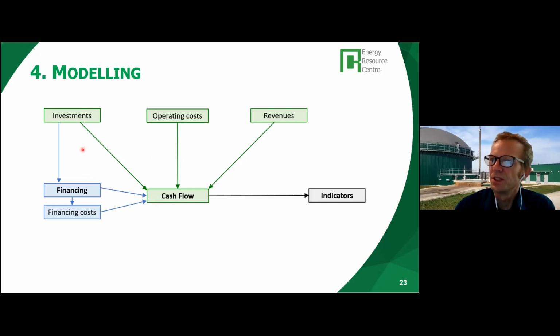A further step could be to look at the project financing, where you look at only equity invested by the project owner, or also at grant financing and loan financing, and look at the financing cost that come from that. They will provide further inputs for the cash flow model.